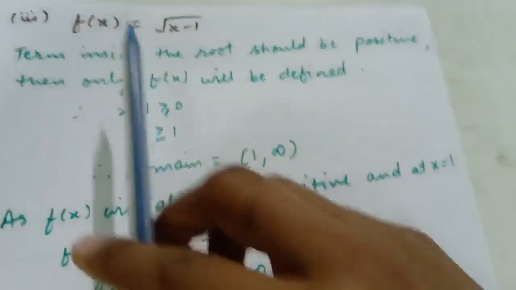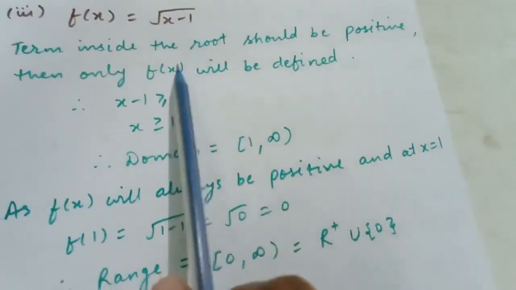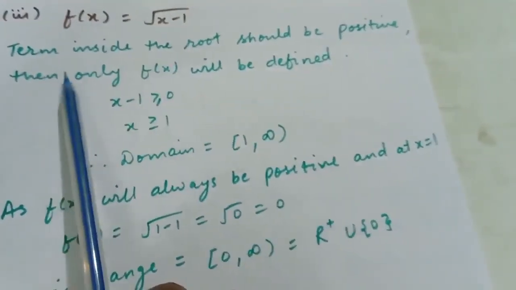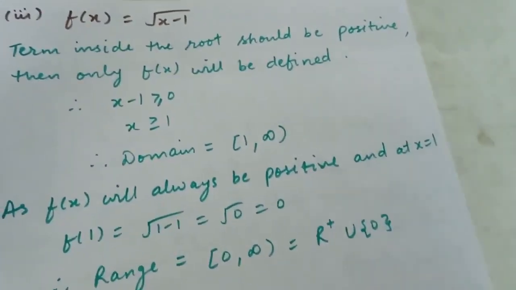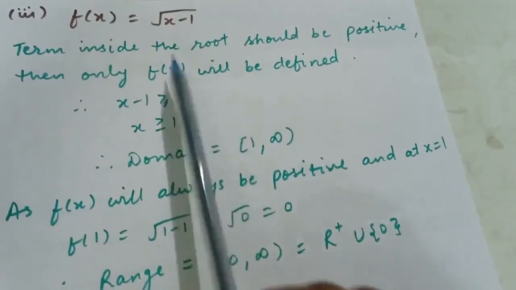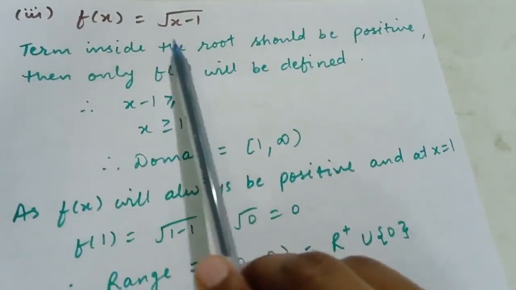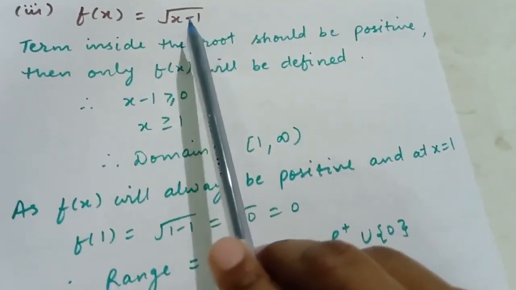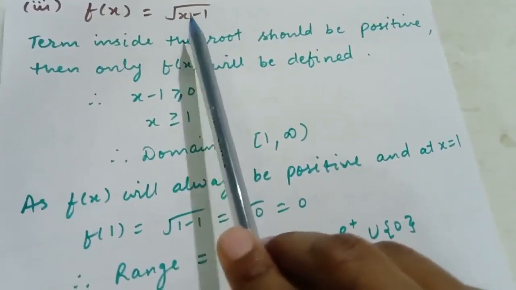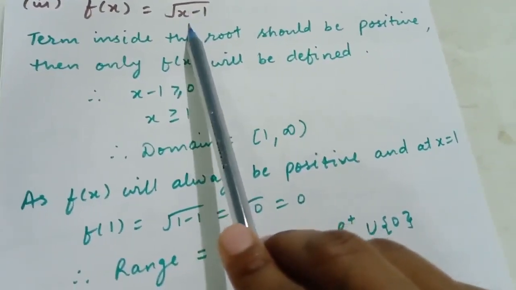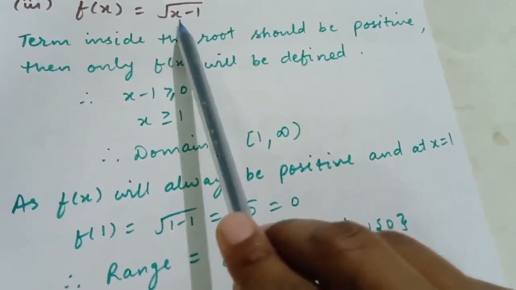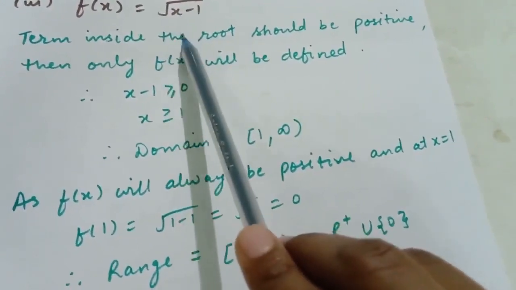Now next is f(x) = √(x - 1). So f(x) will be defined when the term inside the root is positive or 0, because negative values inside the root are not defined.